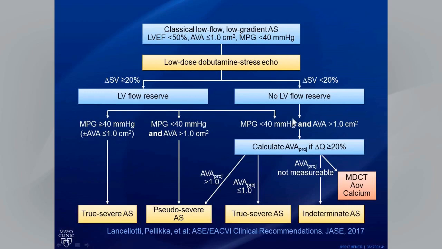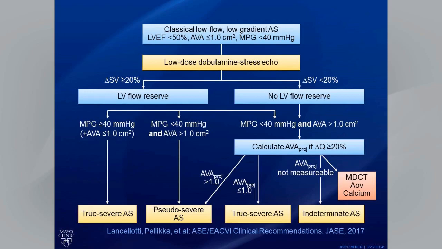Some patients will not augment their stroke volume even with a low dose or a high dose of dobutamine. These patients are thought to have a fibrotic left ventricle and may not benefit from intervention. However, you might consider intervening anyway, as we have little to offer these patients.